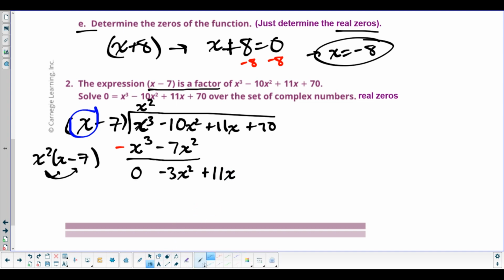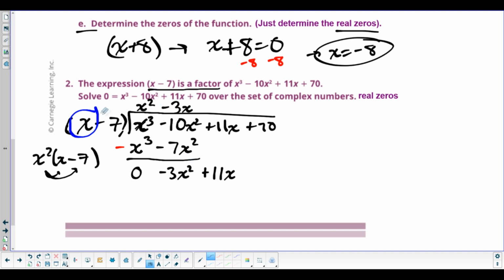And now, once again, we go back to our guiding light, the x in our divisor. And I'm thinking about how many times this x can go into -3x squared. Well, it can go in -3x times, which means I put a -3x right there. Then I multiply this -3x times my divisor to get what I'm going to put underneath this row.